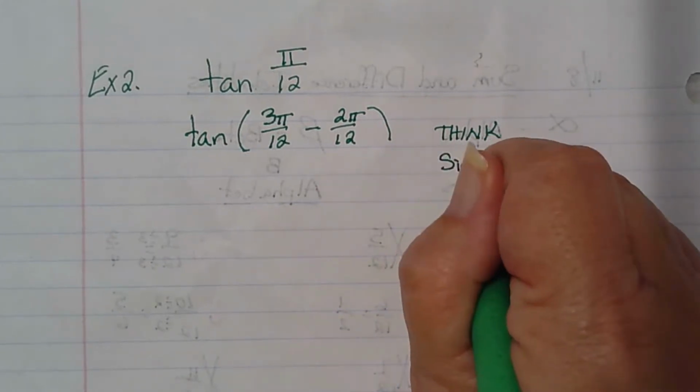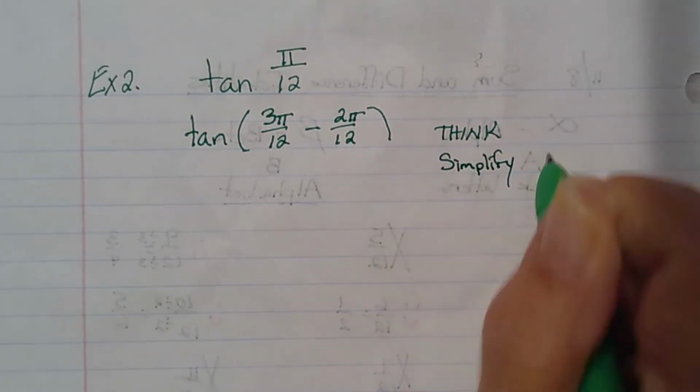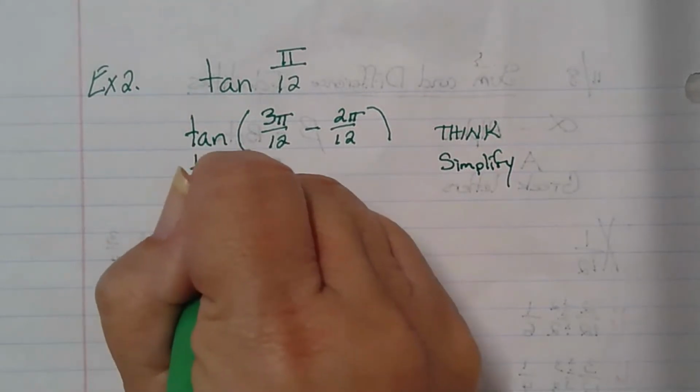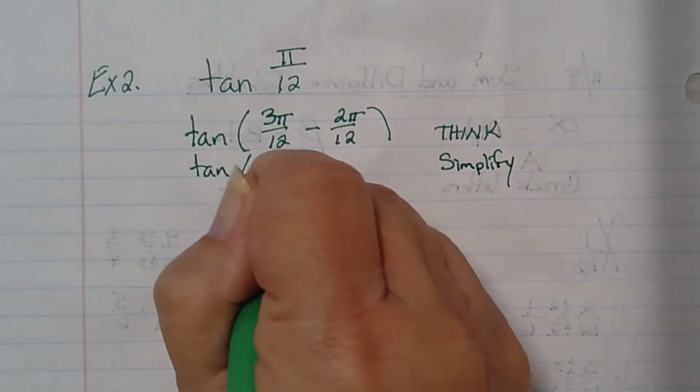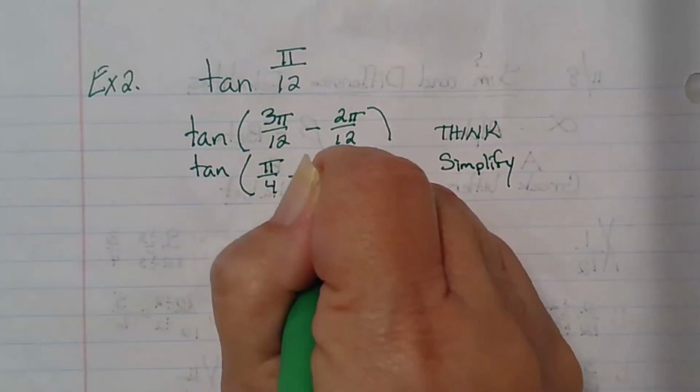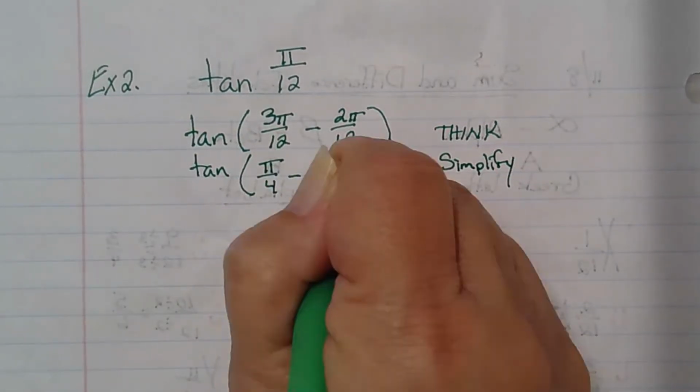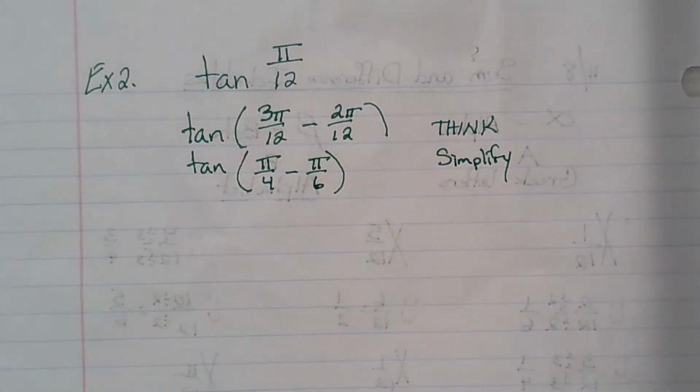Simplify. Let's simplify these fractions. So it's going to be the tangent of pi over 4 minus pi over 6. All right, at this step, what do we do next?